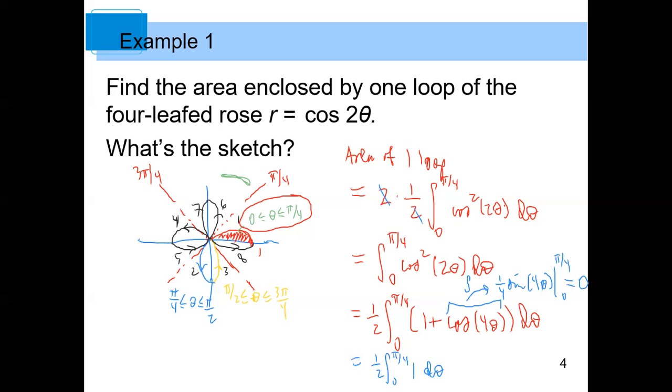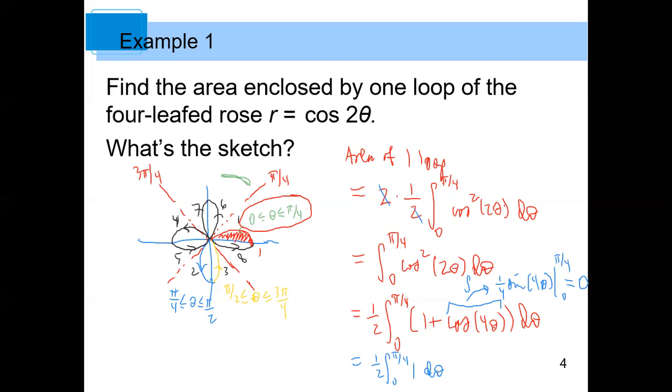And so you do what I just did: you say that thing is not going to contribute anything, and you cast it aside and just deal with the simple stuff that's left. Now, if I integrate the constant 1 from 0 to pi over 4, isn't that just the length of the interval? It's just going to be the difference between the endpoints. And the length of that interval is just pi over 4, correct?